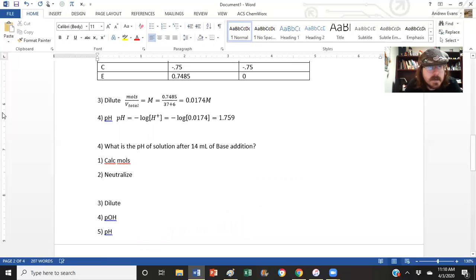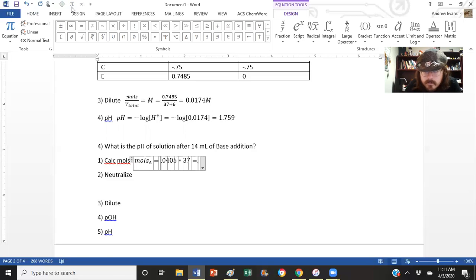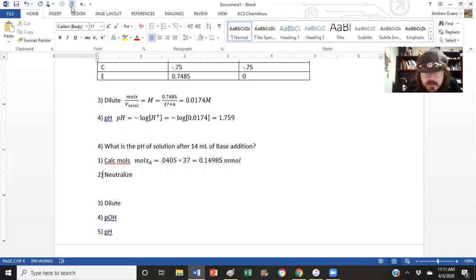Same exact steps for this guy. The moles of acid equals what? 0.0405 times 37. That hasn't changed. That would give us 1.4985 millimoles. Now, the only thing that has changed is the moles of base.